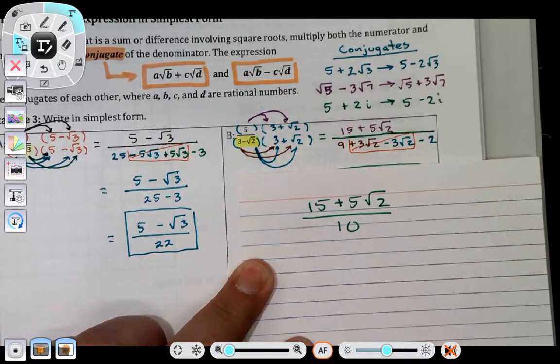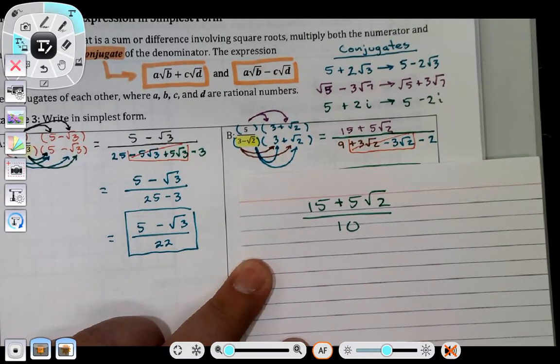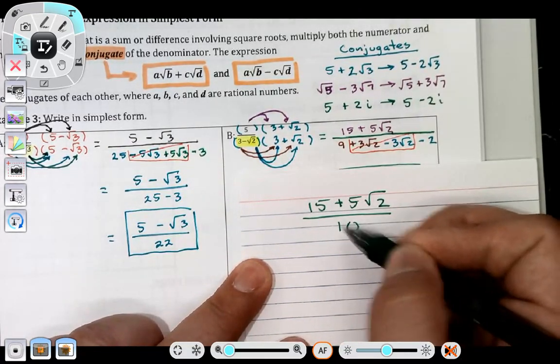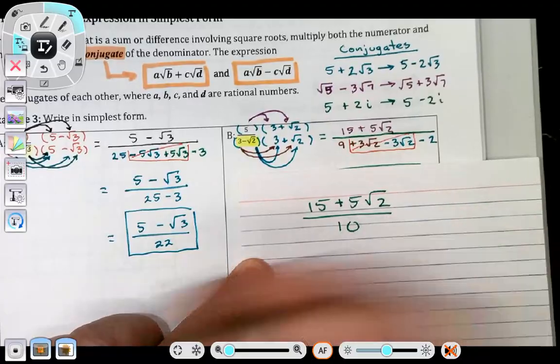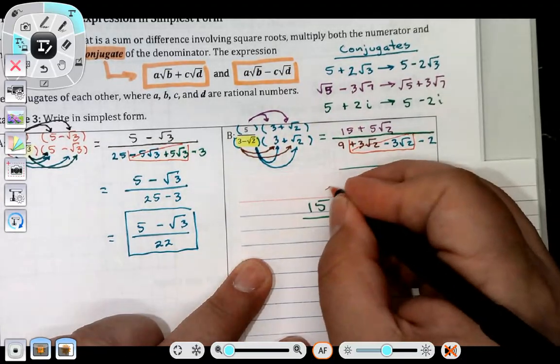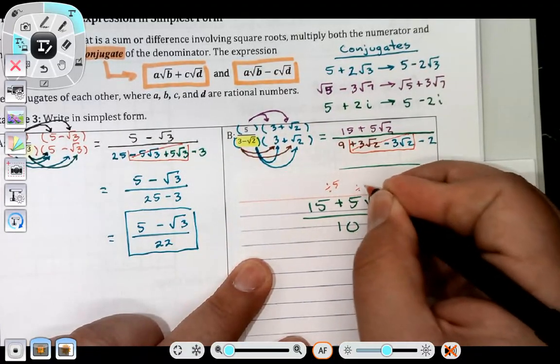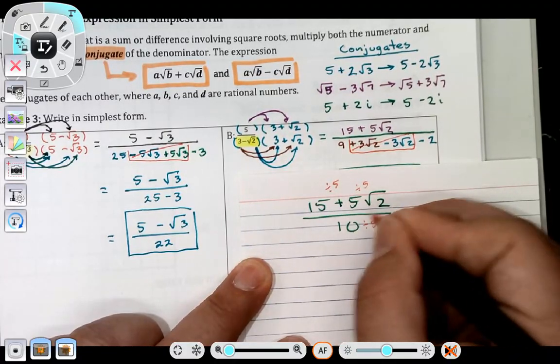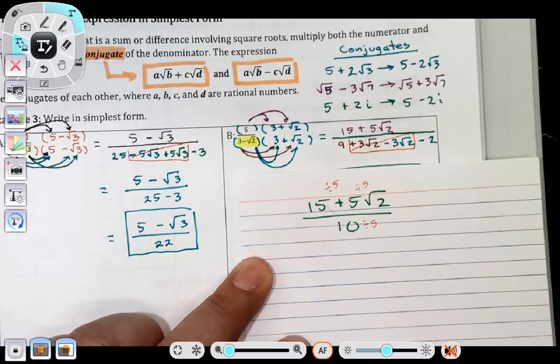That does not count as your final answer. Because if you notice, you've got an outside number, and you have a third outside number. And what do you notice about all 3 numbers? They can all be divided by 5. They can be reduced. But you only do this if you can do it to all 3 of them. If you can only do it for those 2, then don't mess with it.